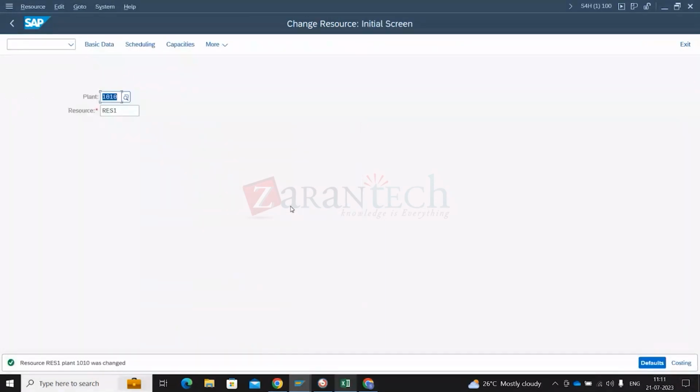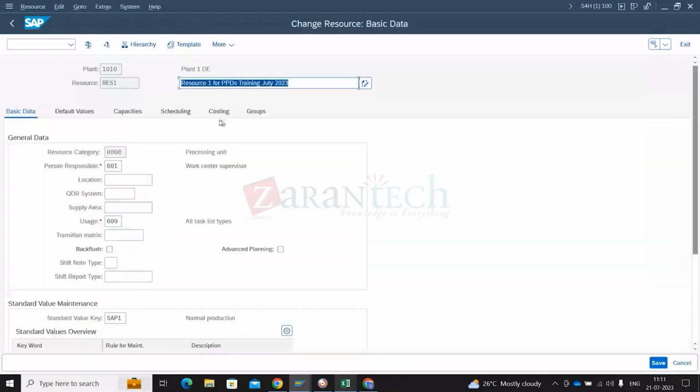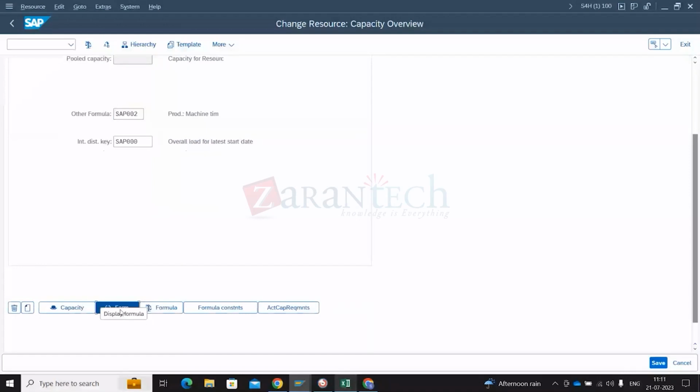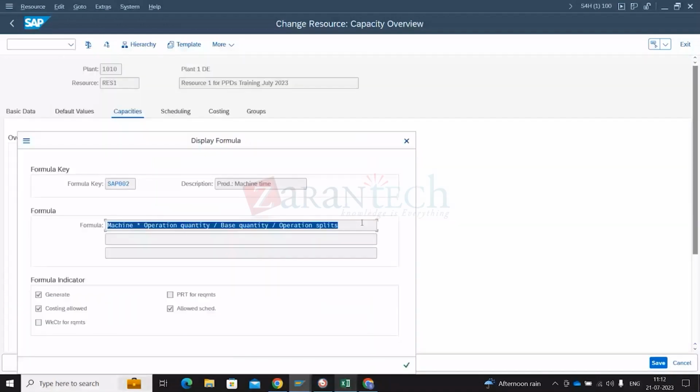I have to tell you one other important concept in the resource. Under capacities, I assign this formula, correct? This formula is important for calculating the time required to produce a particular product on this resource. If you scroll down, select the formula and say display formula. This is the backend, which comes out of the box from SAP.